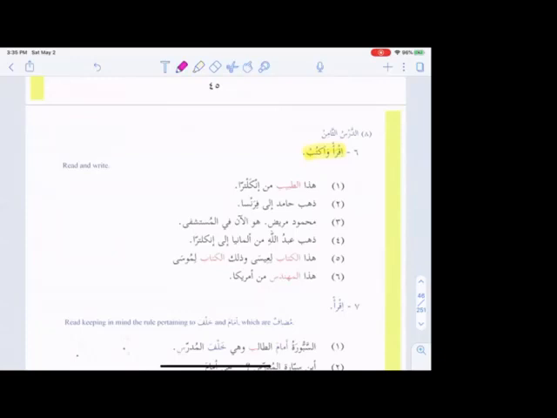What do you see? What is this? It's written in red for you. What is that? It's badal. Okay? So here, my brother and sister, Hadha tabibu. You have to read and write.